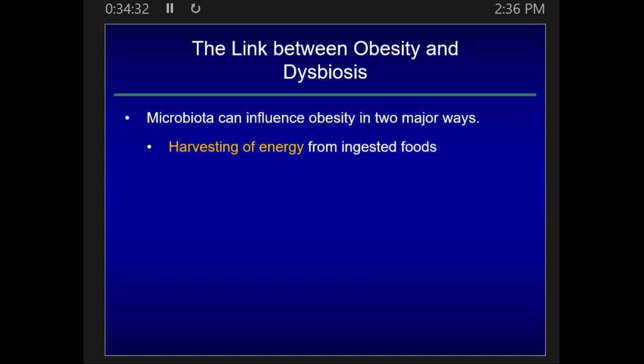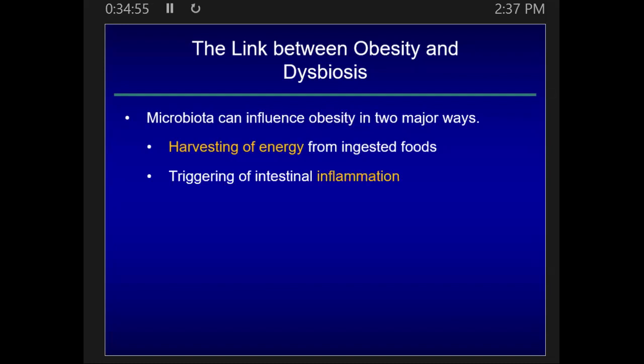Some are really good at it, some are not so good. So if you want to stay away from the obese profile, you want microbes that aren't terribly efficient. You'd want ones that aren't that great at extracting energy from the food you eat. They're starting to figure out which ones are not so efficient, which ones are a little too efficient. They're starting to look at that, and again, designing probiotics for that.